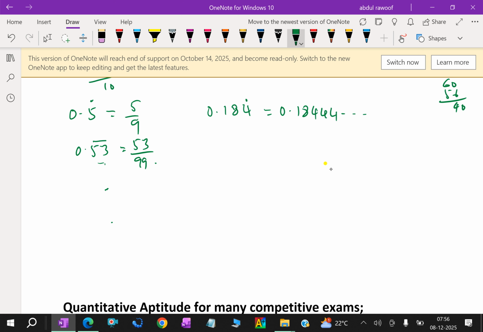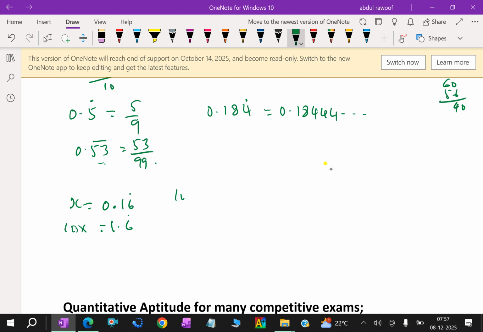Consider x equal to the given number, 0.16 with 6 recurring. Then we write 10x, because the recurring part starts after one place, so 10x is 1.6 recurring.